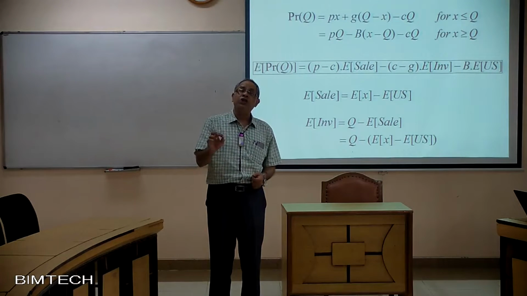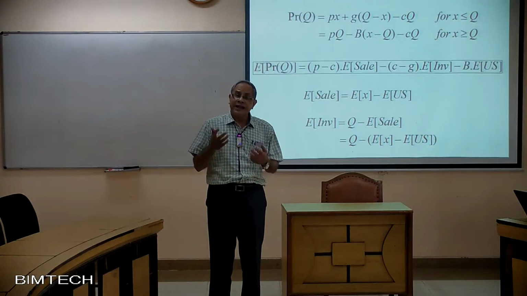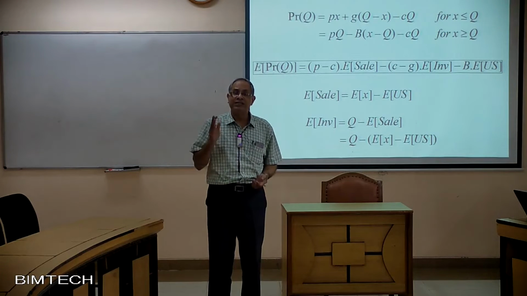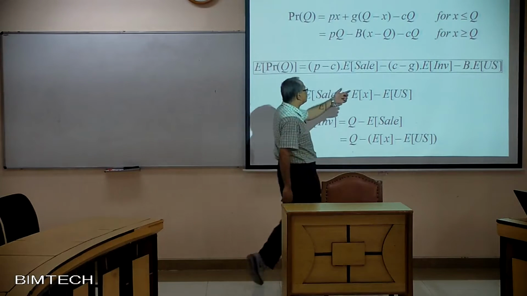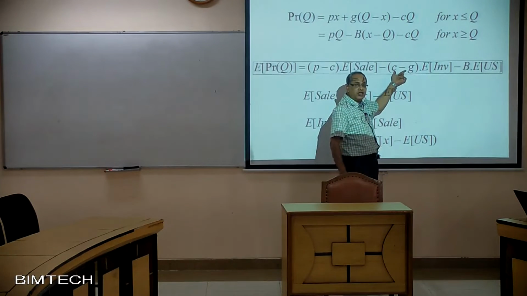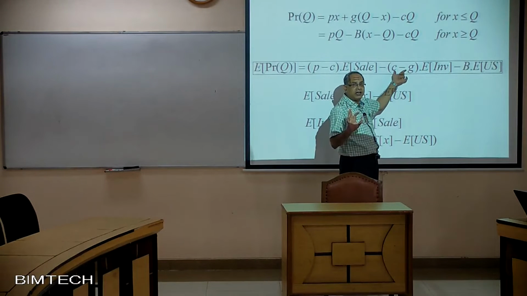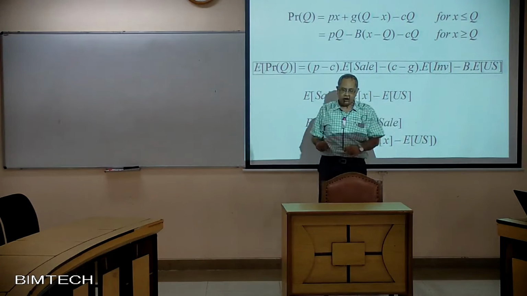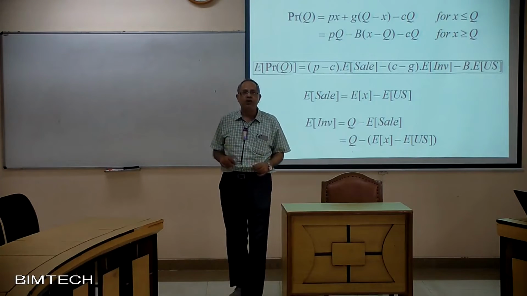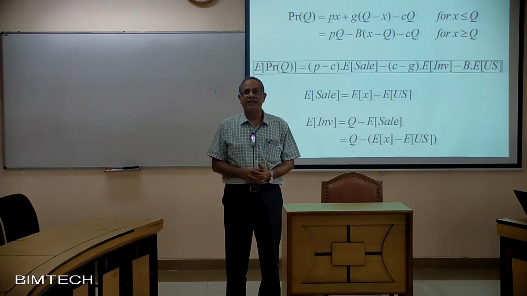We get G dollars by selling one unit, and therefore the net cost for us is C minus G. So C minus G is the unit net cost for the excess inventory, and that multiplied with the expected value of the excess inventory is going to give us the cost that we incur in that excess inventory.